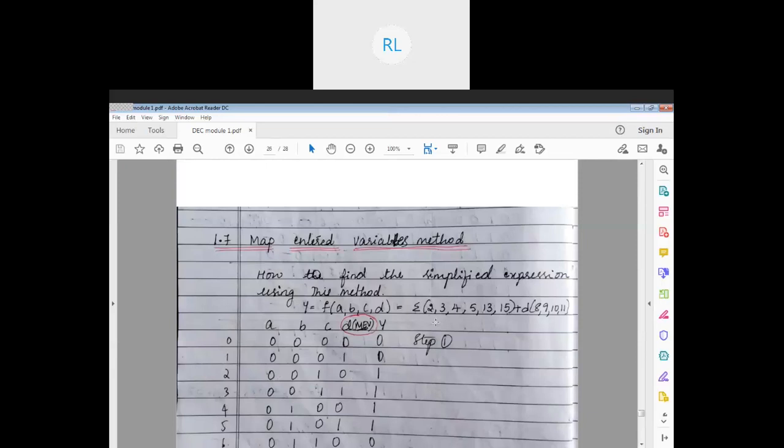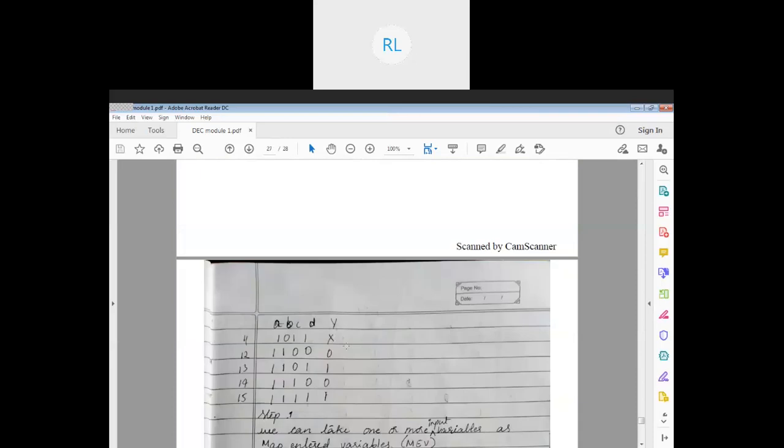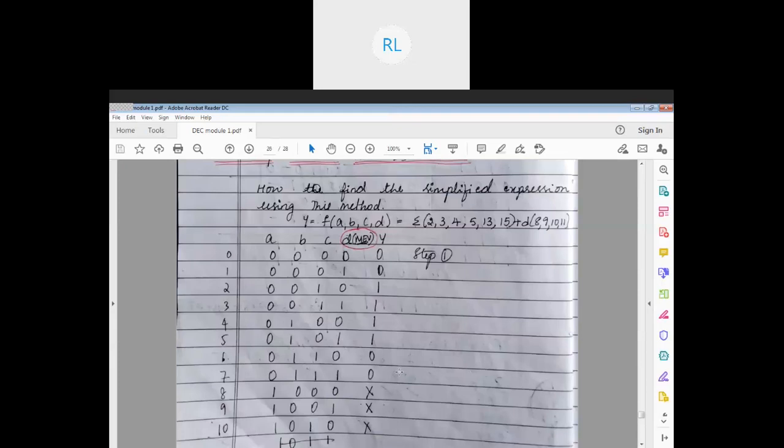So this part we are clear, right? Next we come to the don't care terms. D is don't care, so 8, 9, 10, 11. Here I'm going to have don't care terms. So I think now you know how we have created this truth table. Is it clear, students? How is the truth table created from the given equation?